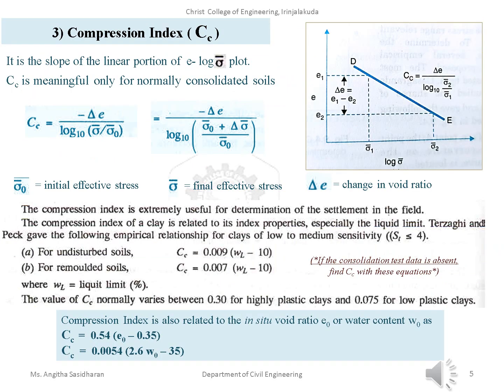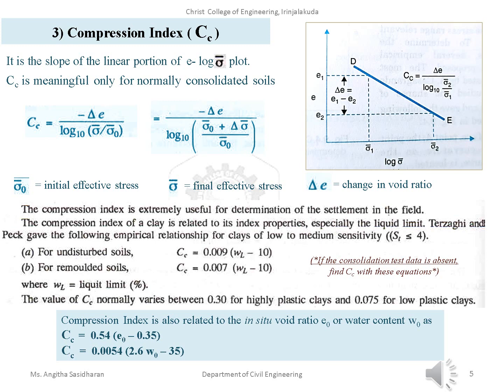Compression index, Cc. It is the slope of the linear portion of the e-log sigma bar plot. So remember the e-log P curve, where there is a linear portion. In the loading part, there is a linear portion corresponding to virgin compression, which we call the virgin compression curve. And again, there is unloading and reloading.